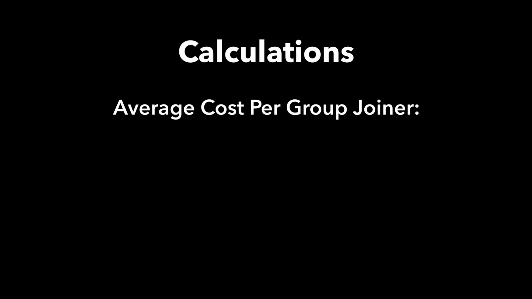This means that the average cost per group joiner is $25. You will want to pick the idea that has the lowest customer acquisition cost. In this case, that is just based on the amount of conversations you've had and the amount of people who have joined your feedback group from your ads.